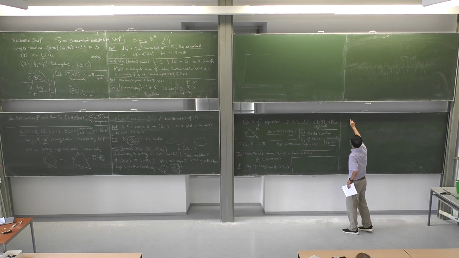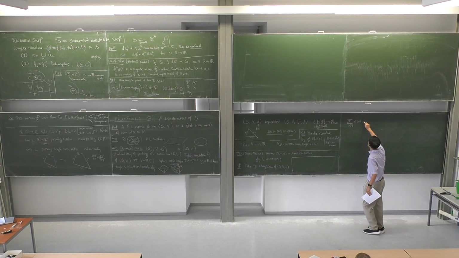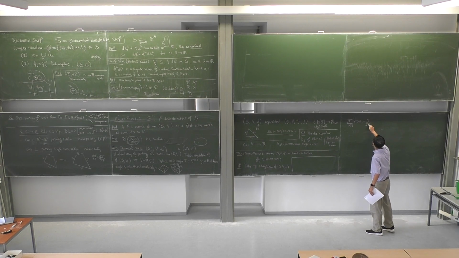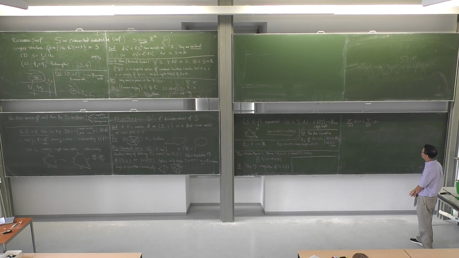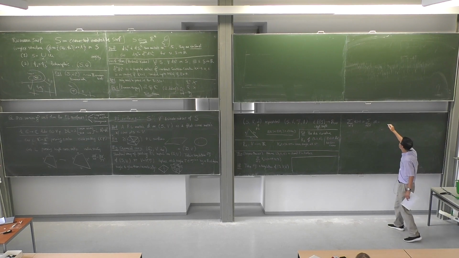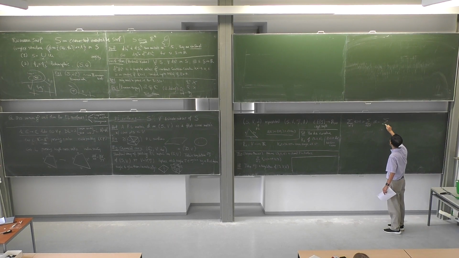So the sum of the curvature is equal to, according to the definition, 2 pi minus the cone angle at the vertex. And I'm going to write it in this way, alpha V.